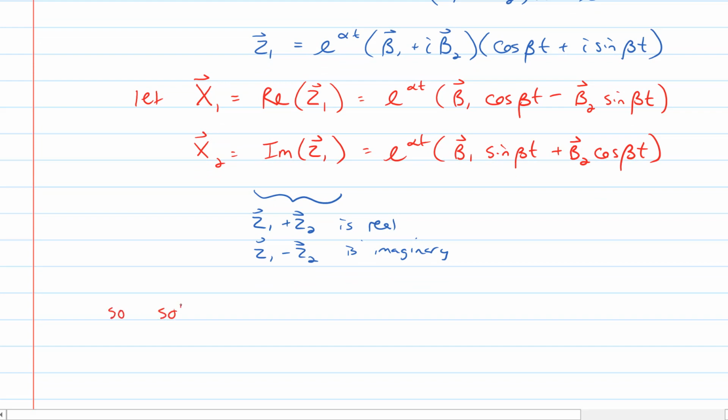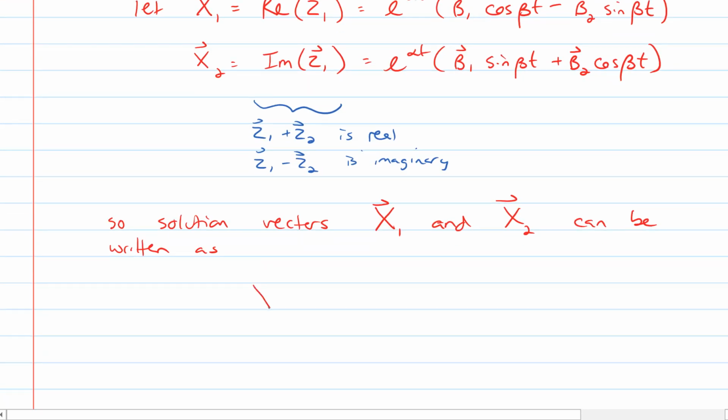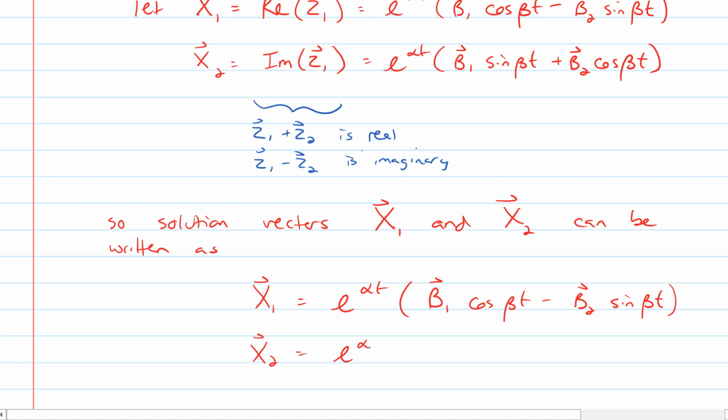And so the solution vectors capital X1 and capital X2 can be written as X1 is equal to e to the alpha t onto B1 cos beta t minus B2 sine beta t, where capital B1 and B2 are both vectors, and X2 is equal to e to the alpha t onto B1 sine beta t plus B2 vector cos beta t.